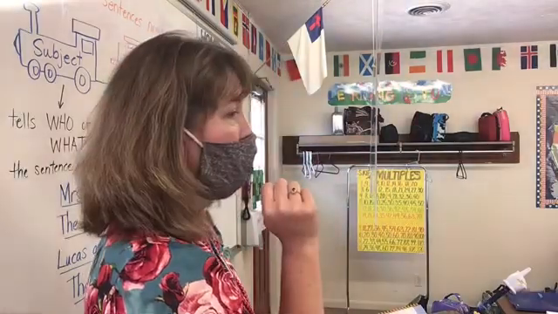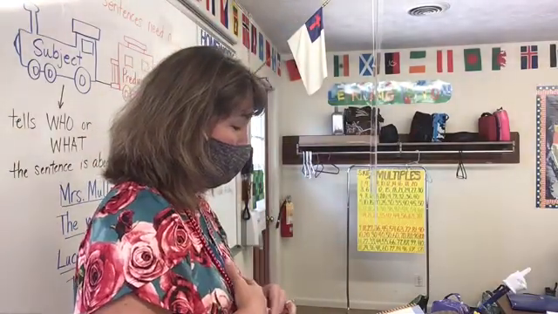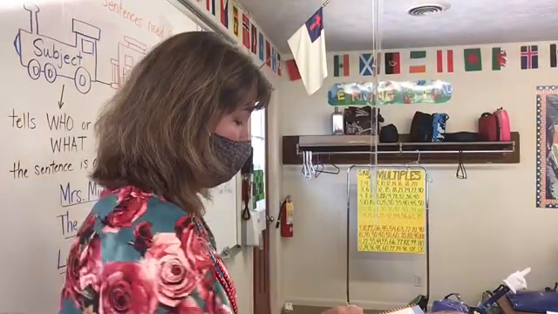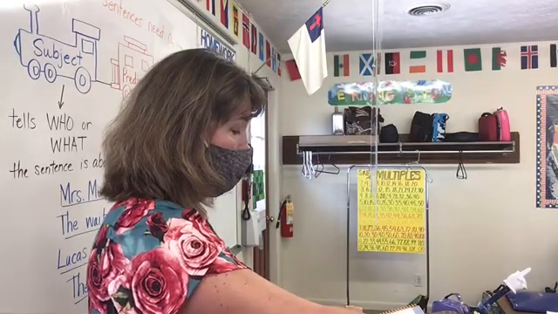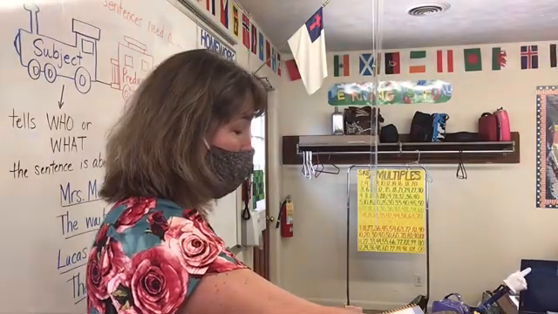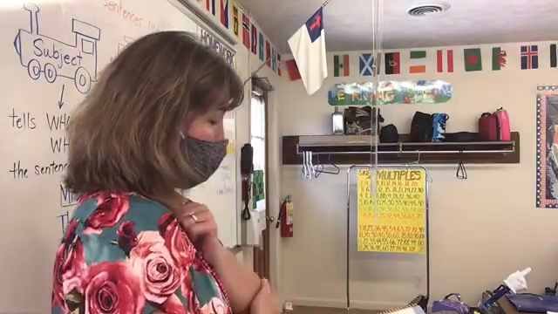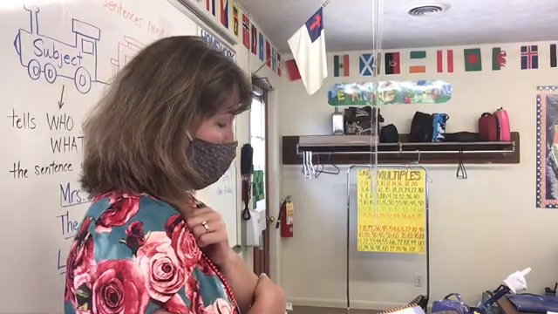Number 3, Jed. Wealthy Romans, line, use locks and keys. Put 1 line under wealthy Romans and 2 lines under use locks and keys. Good. And number 4, Logan.